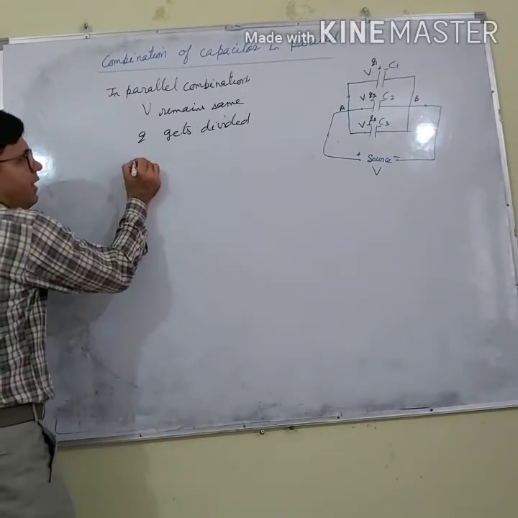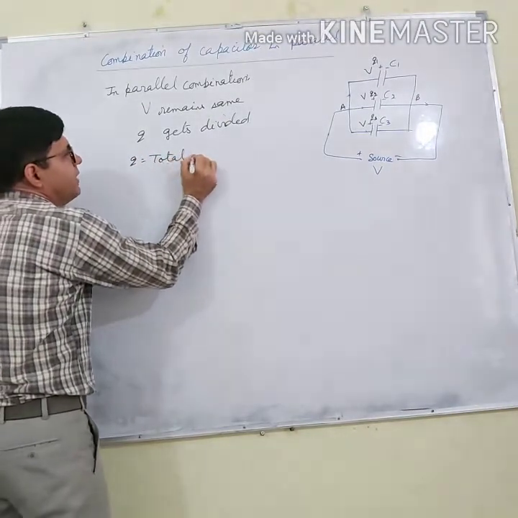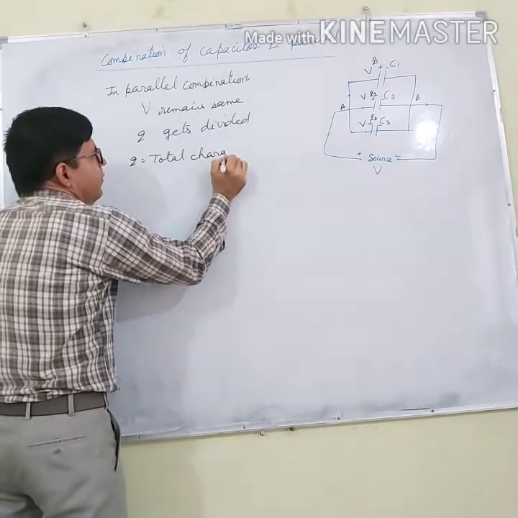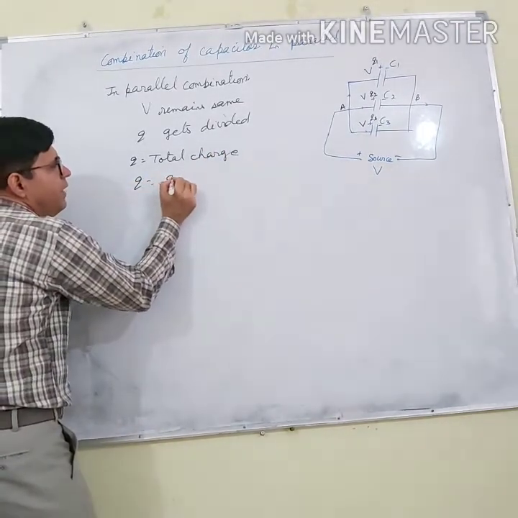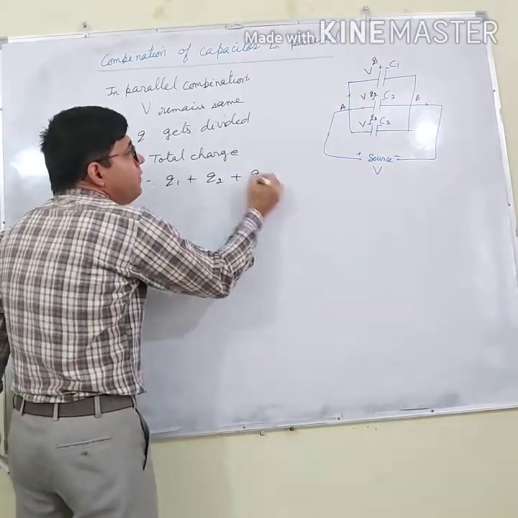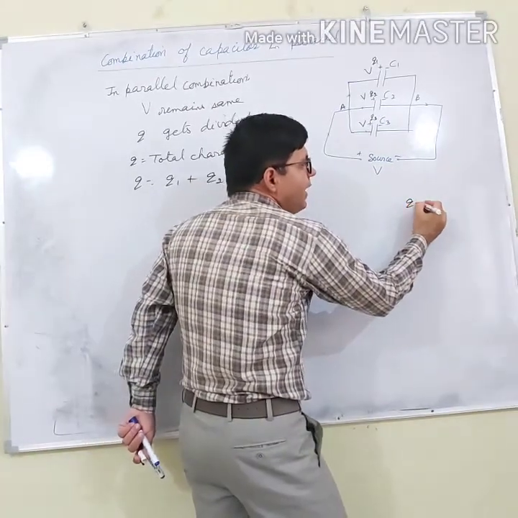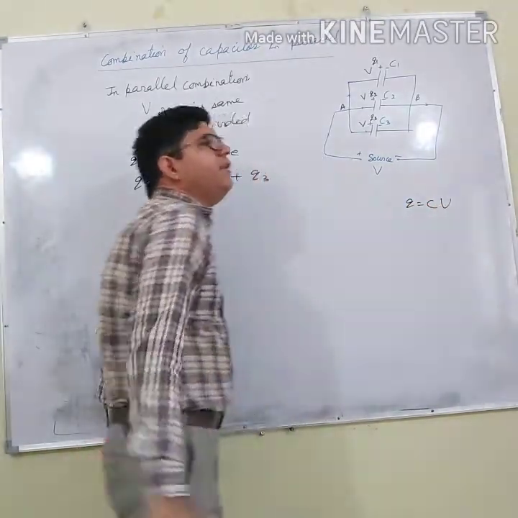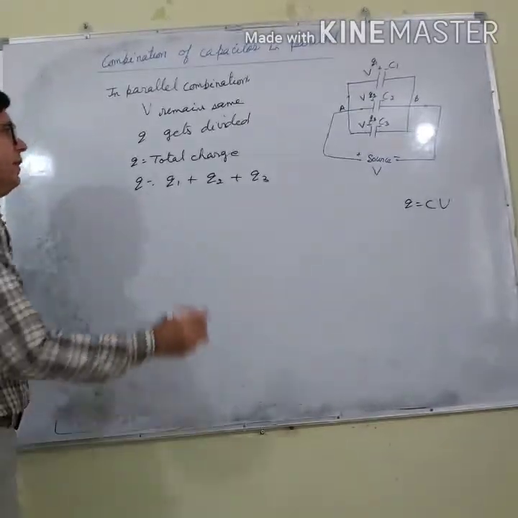So if Q is total charge, then I can say that Q equals Q1 plus Q2 plus Q3. And what have you read? You have read that charge equals CV, where C is the capacity and V is the potential.